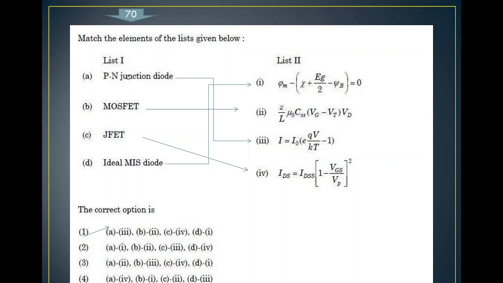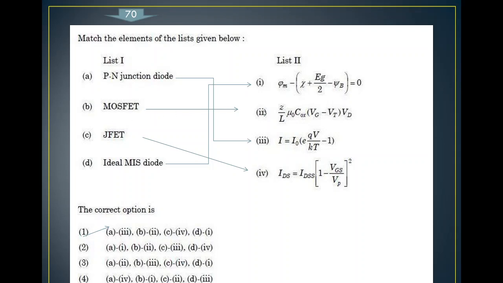That means PN junction diode A connects to third, the PN junction equation I equal to I0 e exponential QV upon KT minus 1. This is the PN junction equation. Second, B. MOSFET, metal oxide semiconductor field effect transistor.